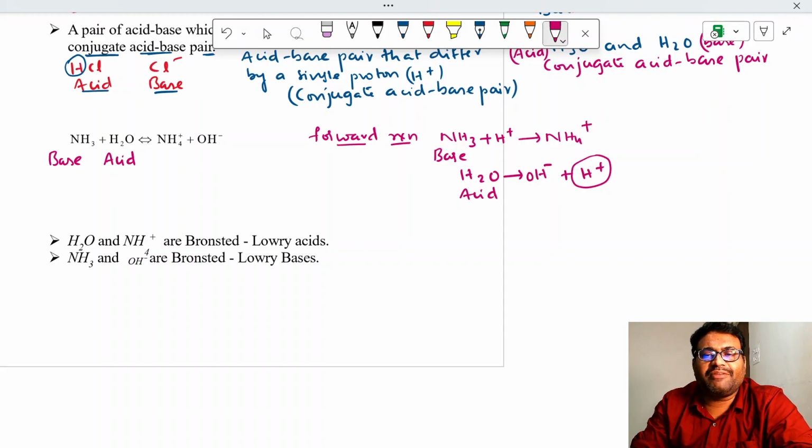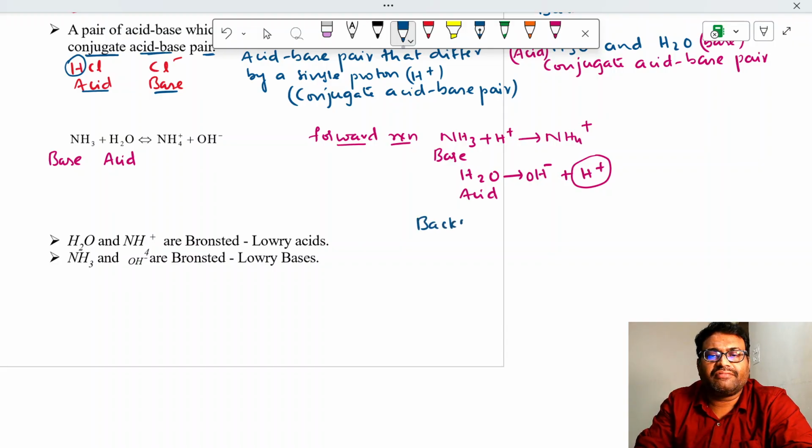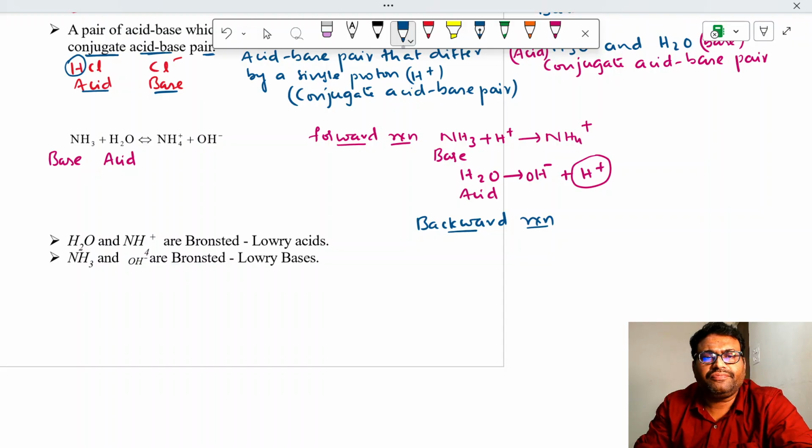So let us consider the backward reaction. In the backward reaction, NH4 plus is converted into NH3 by releasing one proton. As it is donating a proton, it is losing a proton. Now this can be considered to be acid.